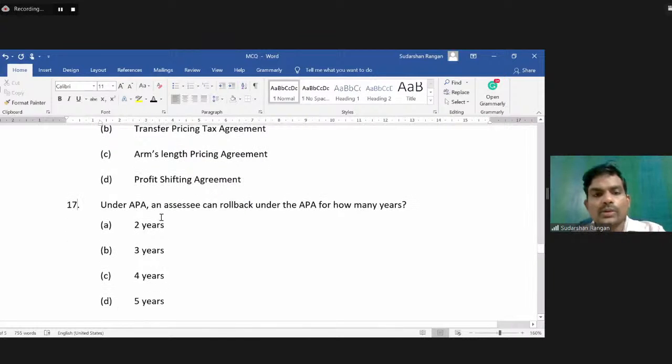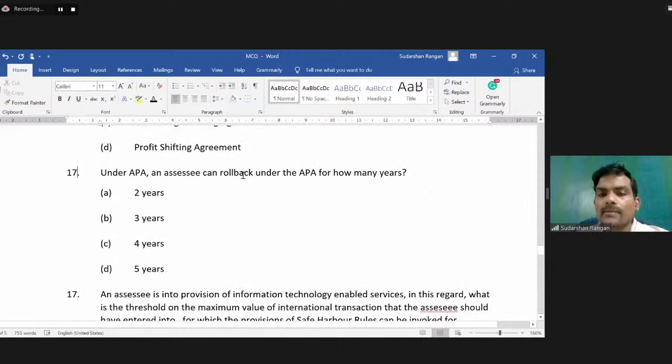17th, this is one of the unique features of the advance pricing arrangement or advance pricing agreement. An assessee can roll back under the APA for how many years? So we have a rollback provision, which means the agreement entered between the taxpayer and the tax administration can also be rolled back, meaning it can be used for years which have gone by, retroactively.